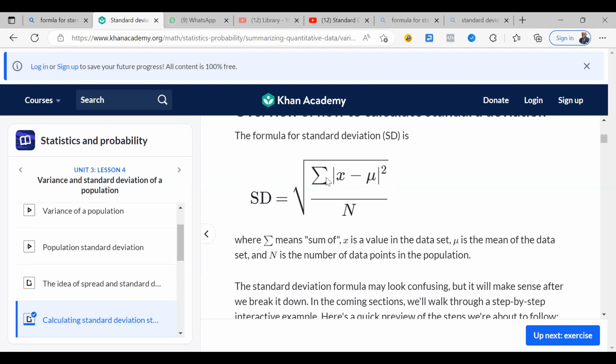Then after adding it up, you divide it by 1,000, because 1,000 is the total sample size. And after dividing it, you find the square root. When you find the square root, that is the standard deviation.